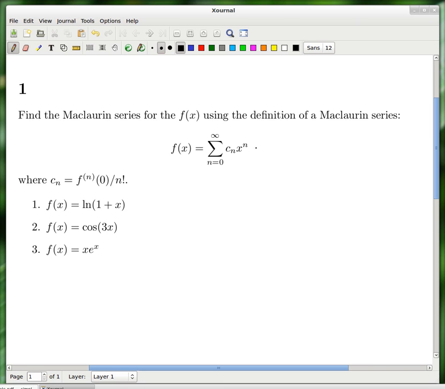We're using the fancy sigma summation, but it's just a sum of numbers times variable: some number c0 plus some number c1 times x plus some number c2 times x squared, and it just goes on like that forever.